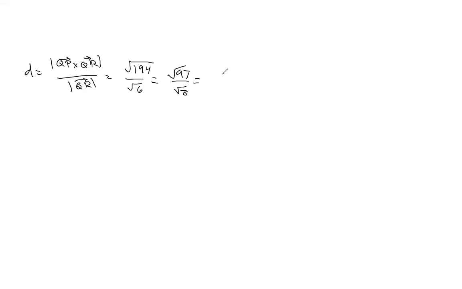We probably can't. 1/3 root 97 times 3. 7 times 3 is 21. 9 times 3 is 27. 291, I think. And that's about the best we can do, but that's okay. That's still pretty good. It's a closed formula at least for the distance from that line to the plane.